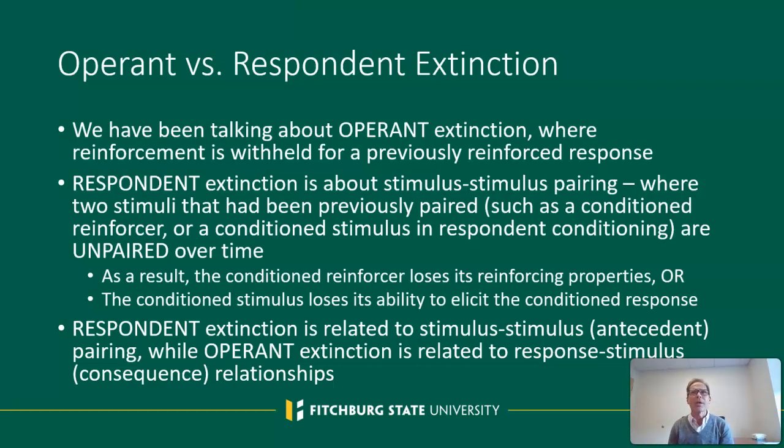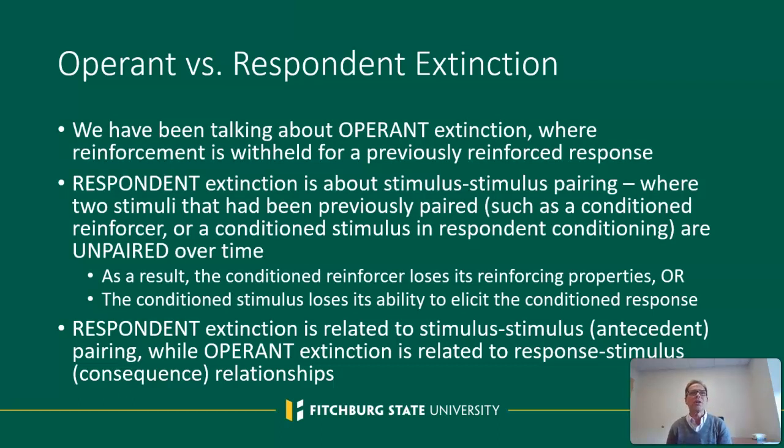So again, with operant extinction, reinforcement is withheld for a previously reinforced response. Respondent extinction, on the other hand, is about stimulus-stimulus pairing. So this is where you have two stimuli that had been previously paired, such as a conditioned reinforcer that gains its power by being paired with other reinforcers, or a conditioned stimulus in respondent conditioning, which would be a neutral stimulus that gains its power by being paired with an unconditioned stimulus.